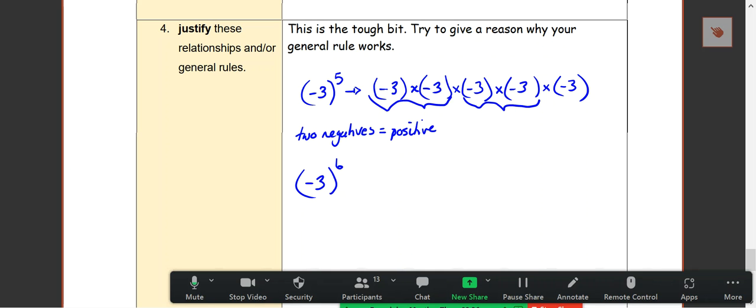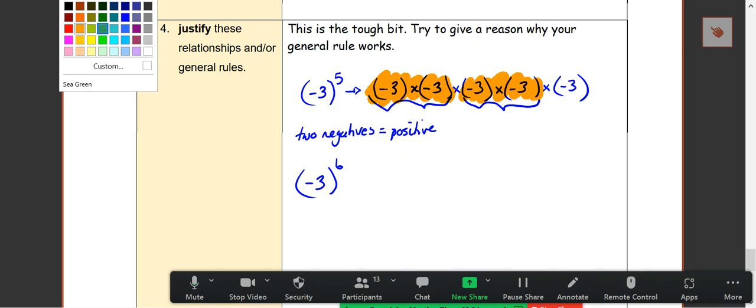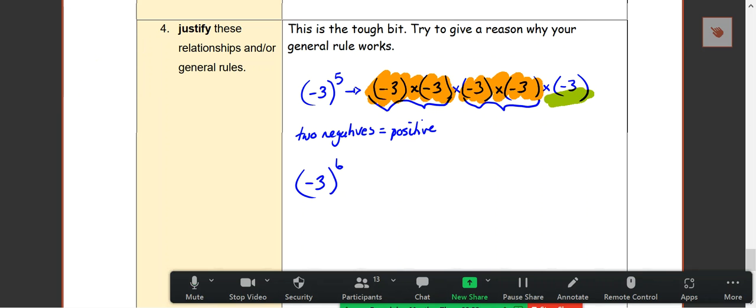So in this case, it's quite a simple one. Those two negatives make a positive. Those two negatives make a positive. But because it's an odd exponent, this one makes the whole thing negative again. Okay?